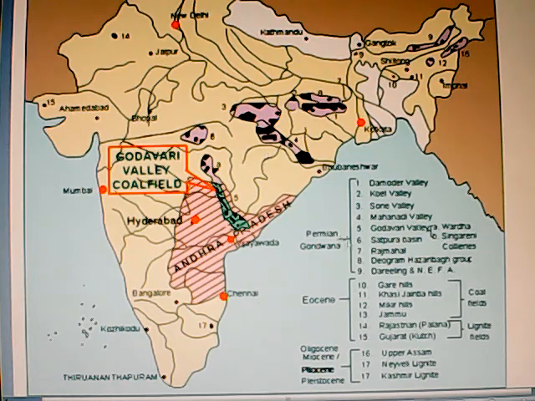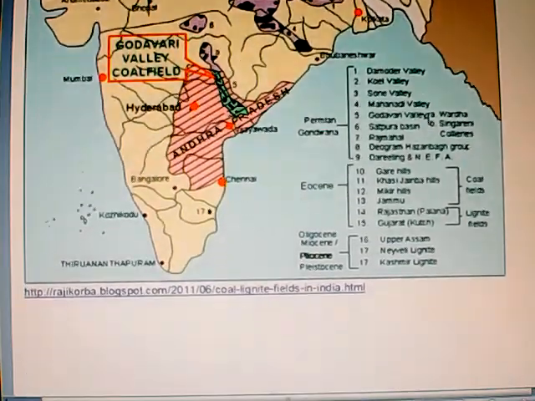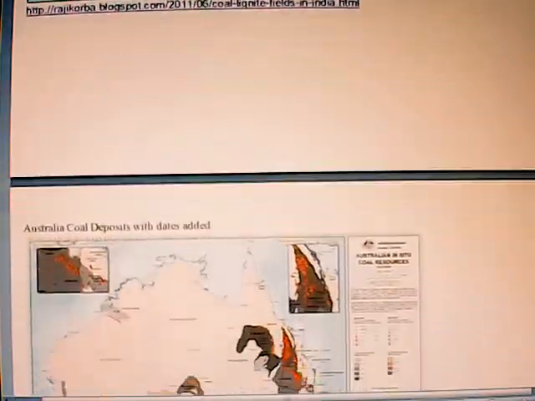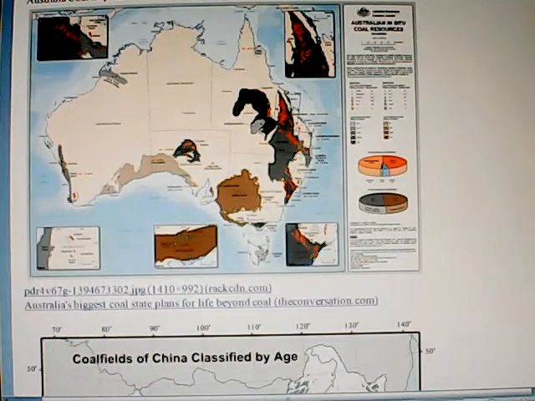India was close to Antarctica, and coal deposits were being formed during that time period. Here's the Australia area. I've added the time periods that I could get.